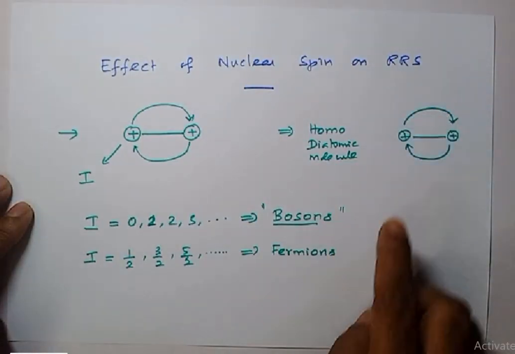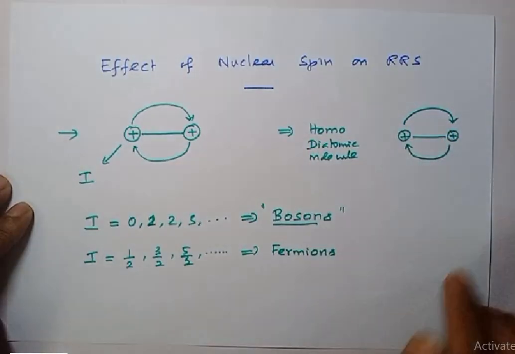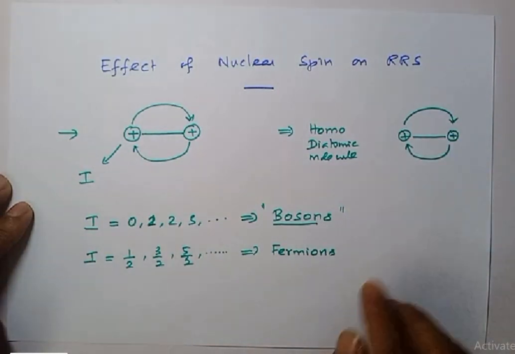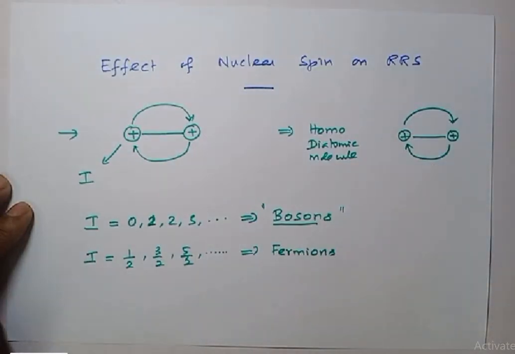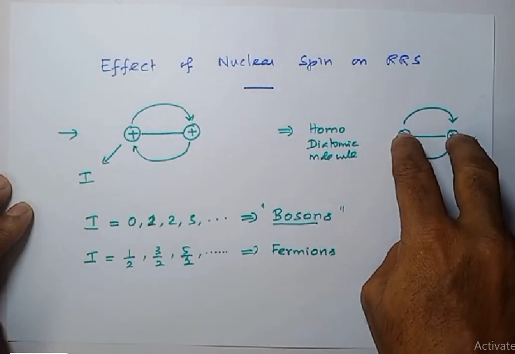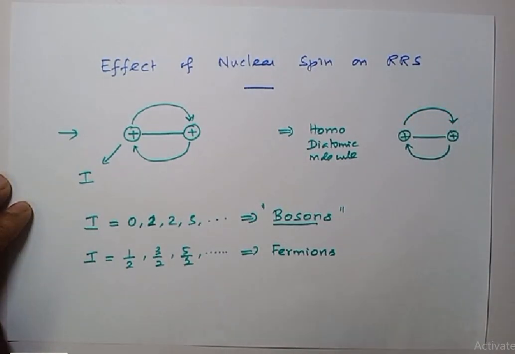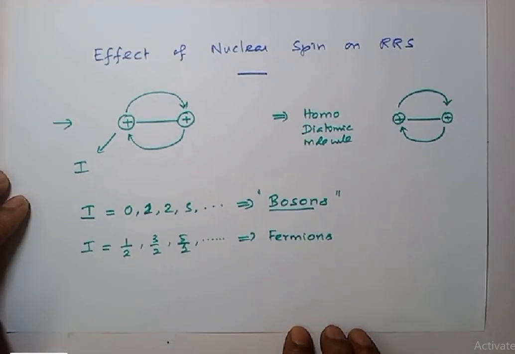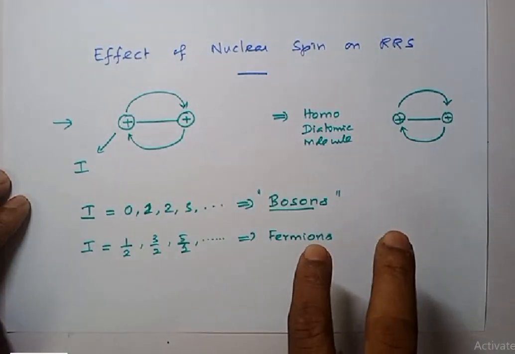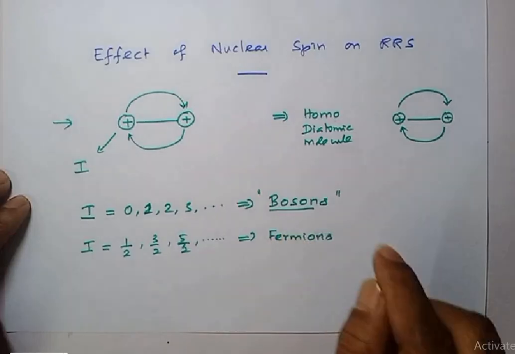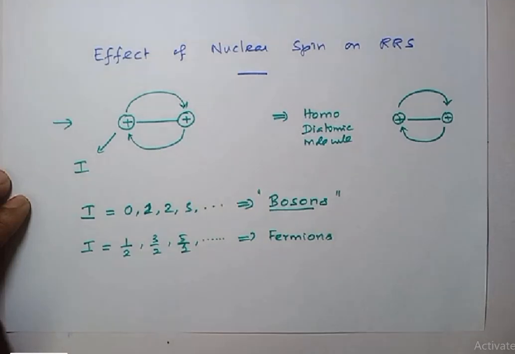Since they are homo, both nuclei are identical, so both are either fermions or both are bosons. When two identical fermions exchange their position during rotation, the total wave function must be antisymmetric. If two identical bosons exchange their position during rotation, then the total wave function must be symmetric.